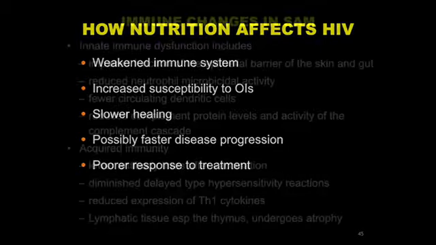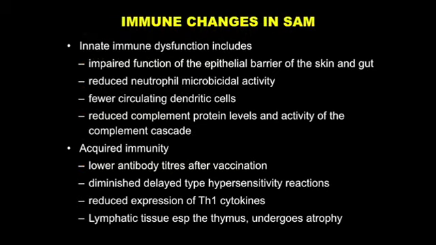Severe malnutrition leads to changes in the innate immunity as well as the acquired immunity. In the innate, they have impaired function of the epithelial barriers, both in the skin and the gut, and of interest today is the gut. They also have reduced neutrophil microbicidal activity, reduced dendritic cells, and the complement functions are impaired.